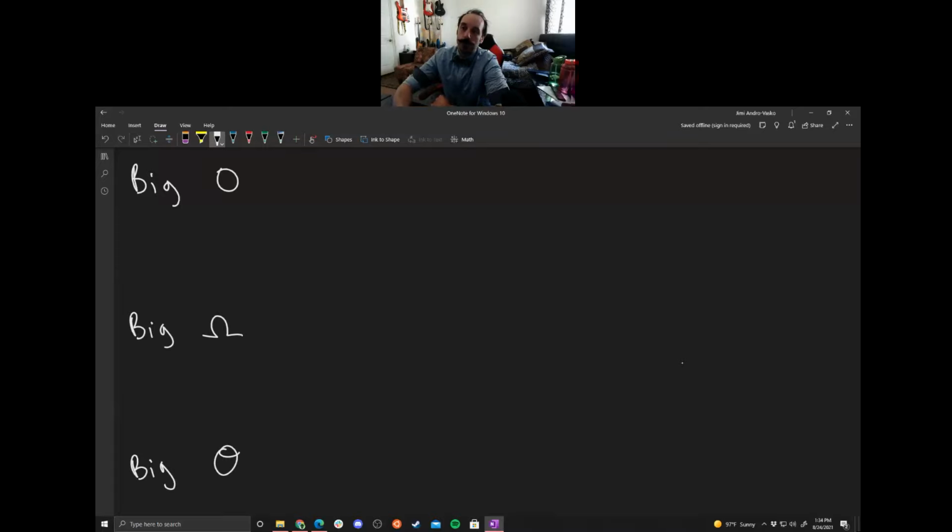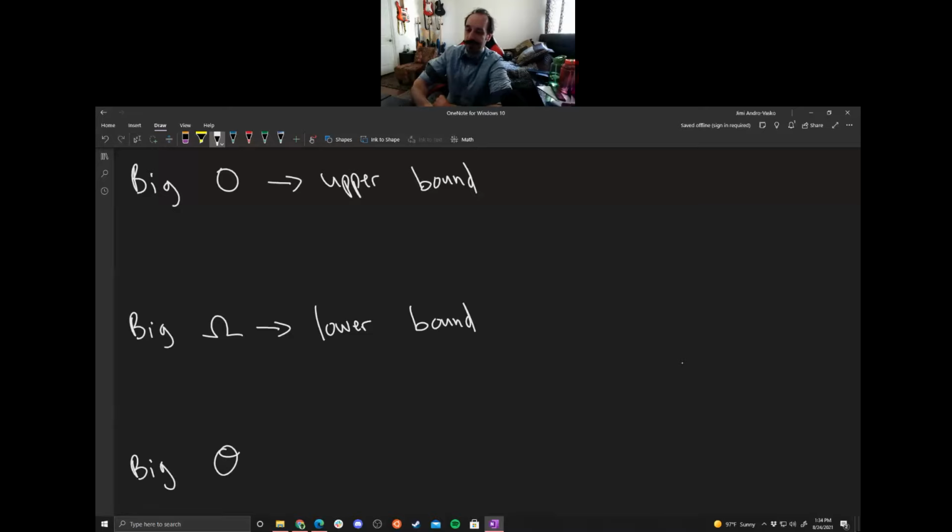So big O represents upper bound. We'll go over upper bound in a second. Omega is lower bound. And then theta, I guess we'll say exact bound is probably the right word to use here.